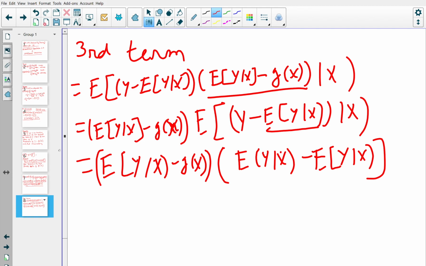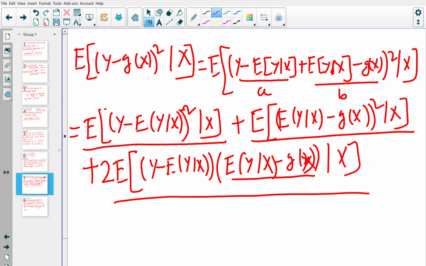Is that clear? Hence this is 0, and the third term vanishes.